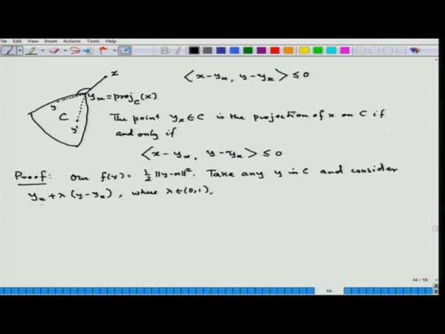Because y x and y both are in C, we have y x plus lambda times y minus y x as an element in C, since C is a convex set.